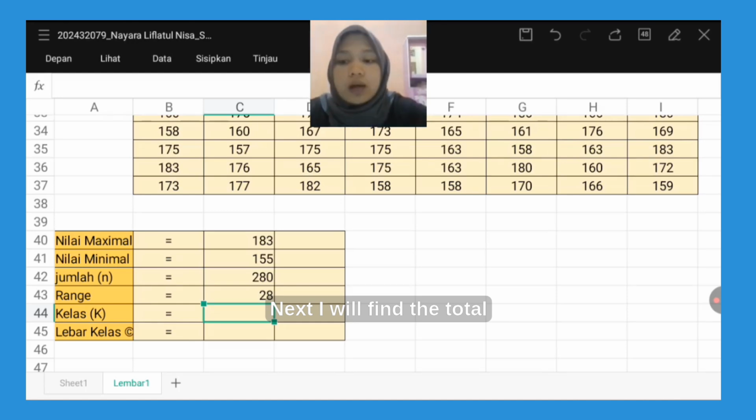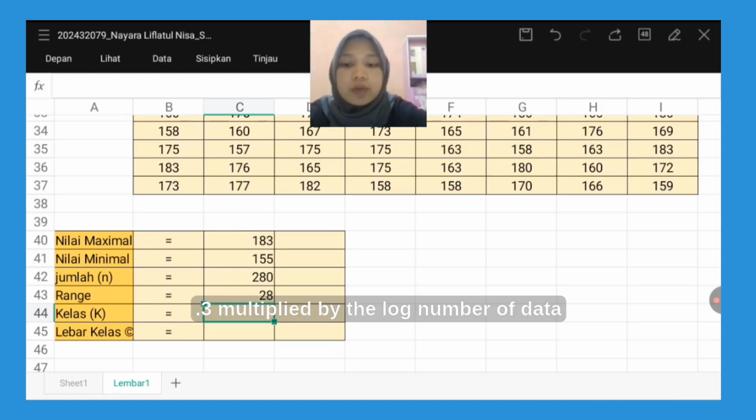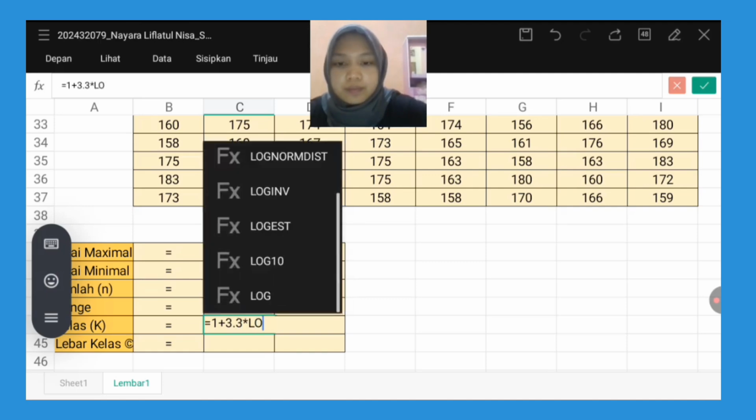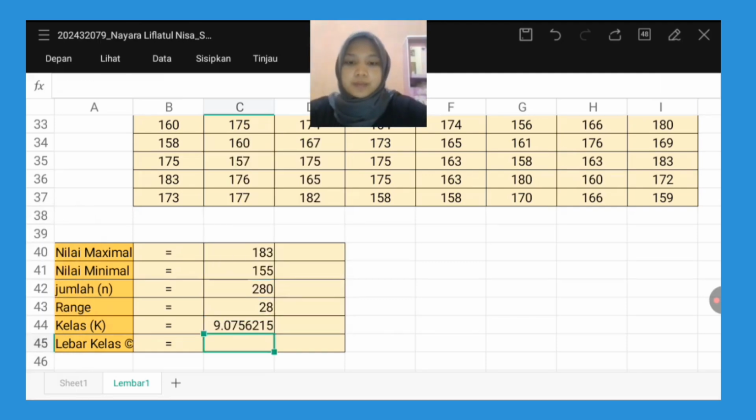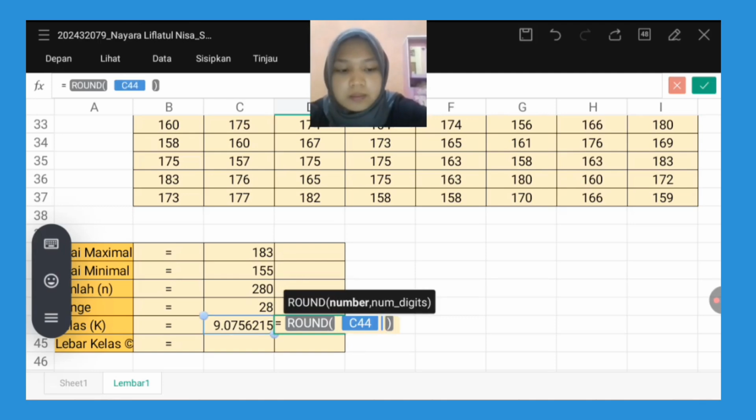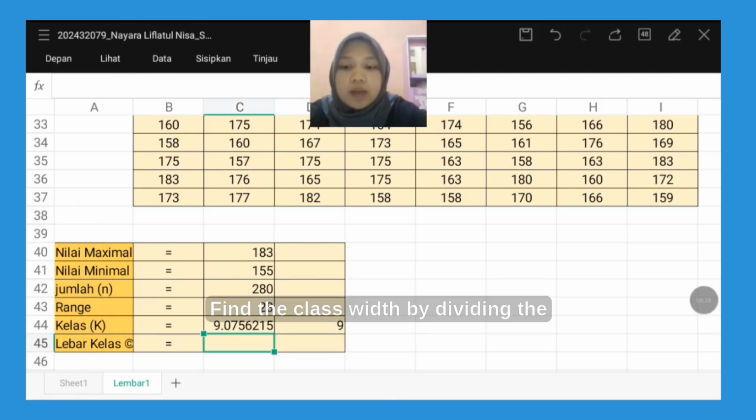Next, I will find the total class with the formula 1 plus 3.3 multiplied by the log of the number of data, and I will do the rounding with the equal ROUND formula. Then, find the class width by dividing the range by the total class and round up with the formula equal ROUNDUP.